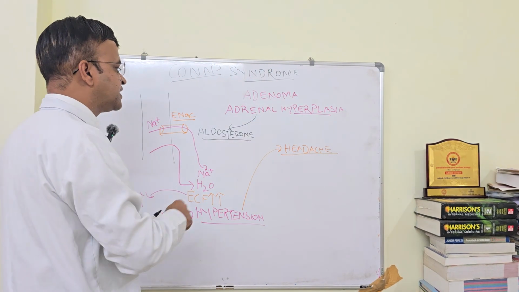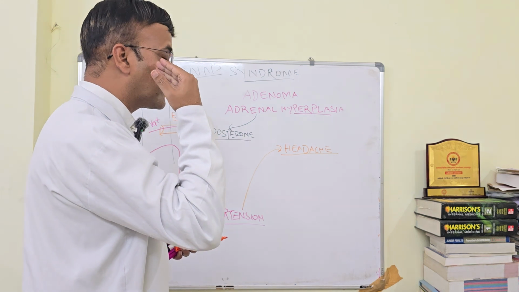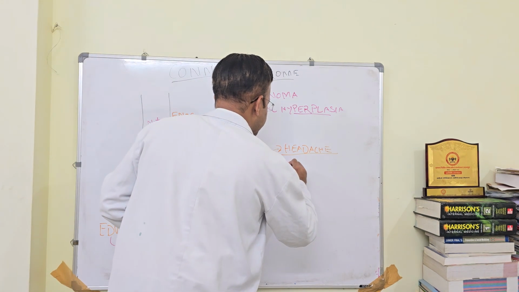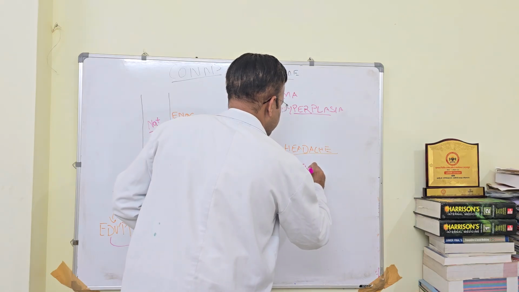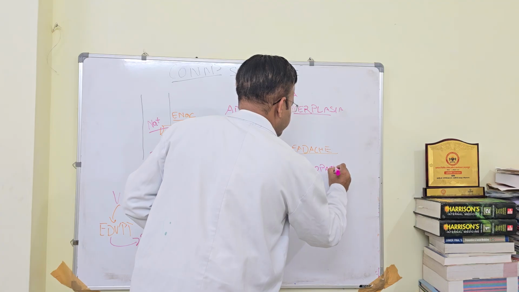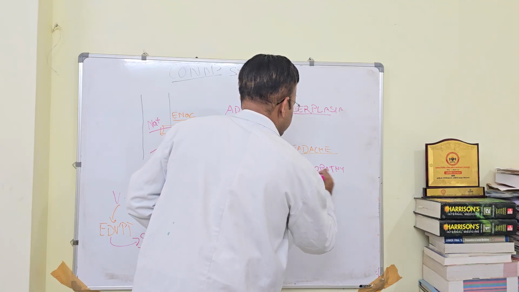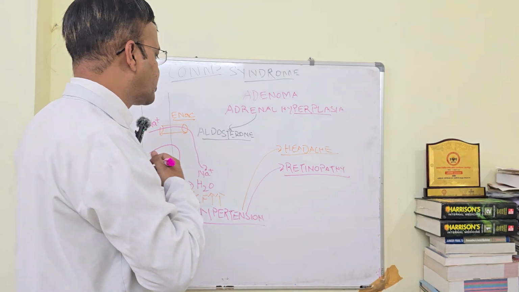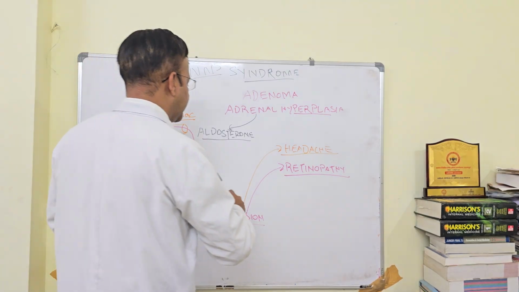What else can hypertension lead to? Hypertension can lead to retinopathy. What else can hypertension lead to? It can lead to left ventricular hypertrophy, LVH.